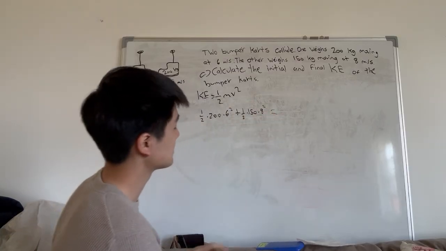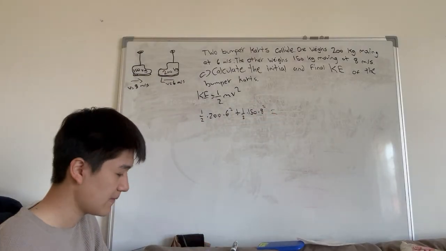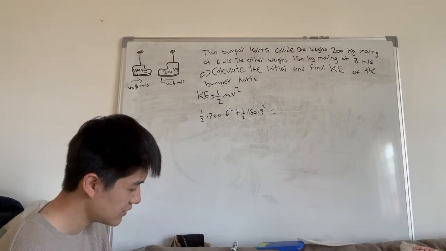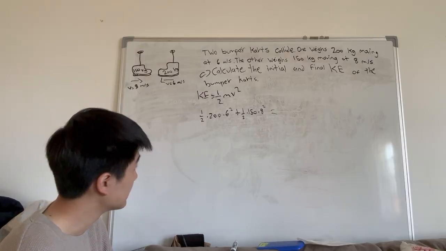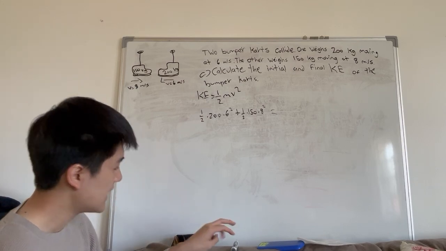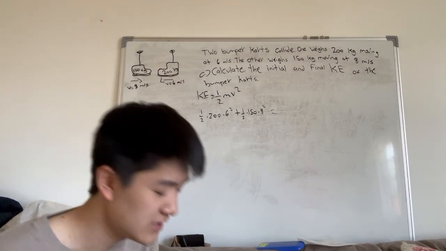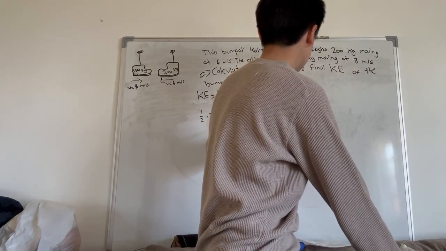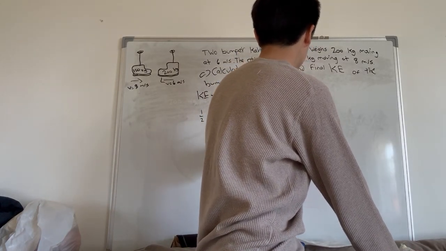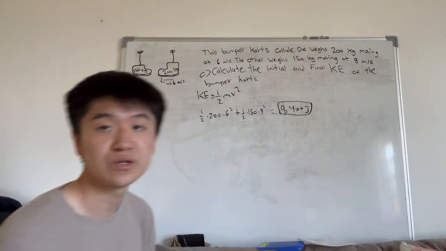I'm just going to plug this all into my calculator. Let's do 100 times 6 squared plus 75 times 8 squared, and our initial kinetic energy is 8,400 joules.